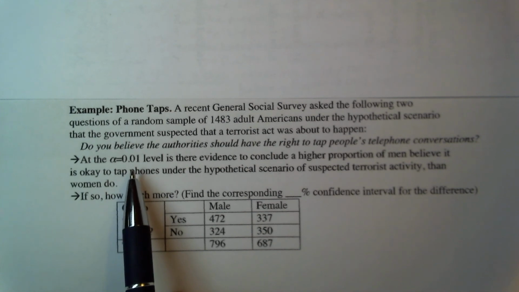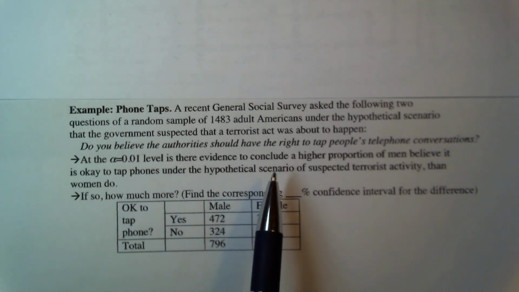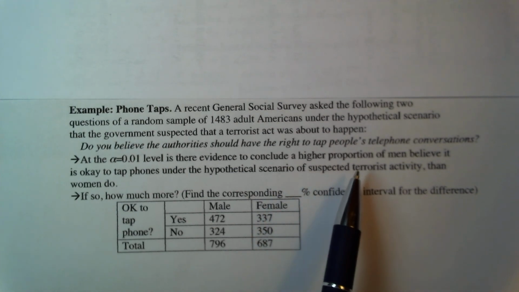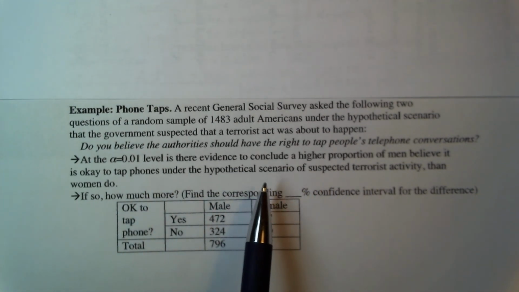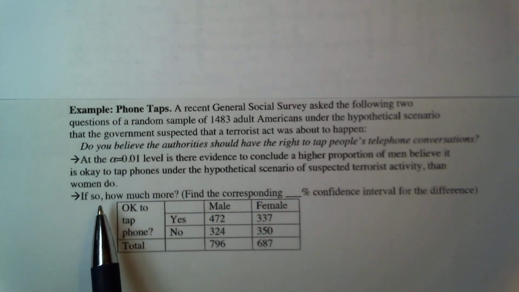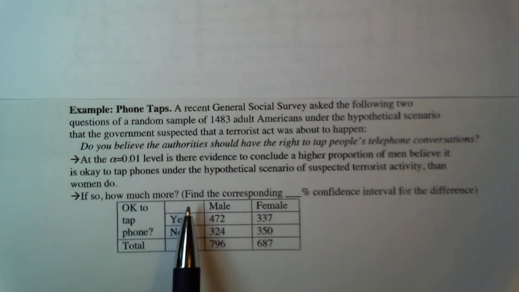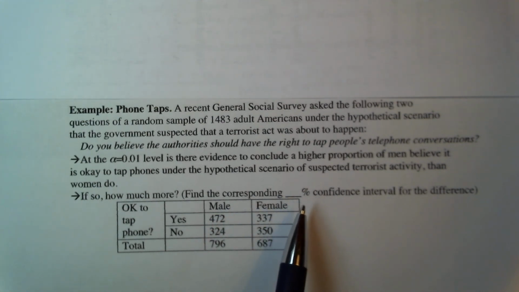At the alpha equals 0.01 level, is there evidence to conclude a higher percent of men believe it is okay to tap phones under the hypothetical scenario of suspected terrorist activity than women do? And then the last question is, if so, how much more? Find the corresponding confidence level for the difference.